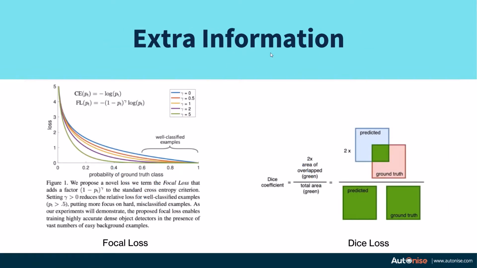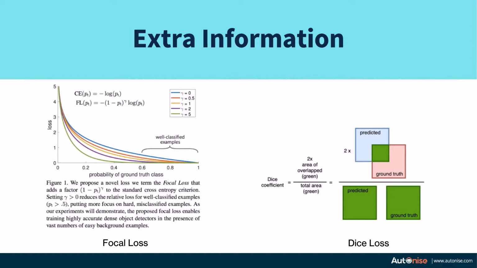Now there is some extra information. There is the focal loss as well, in which you can change the way the cross entropy loss reduces by multiplying a factor like 1 minus p to the power gamma. You can read about this in the focal loss paper, and you can change the rate at which the loss changes, and you can fine tune the value of your gamma so that the loss function works good for your particular architecture.